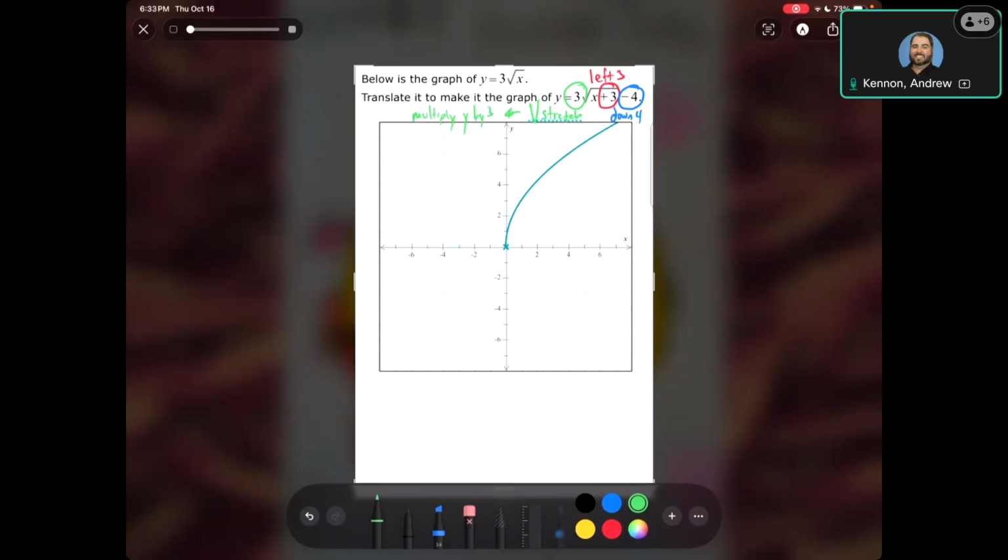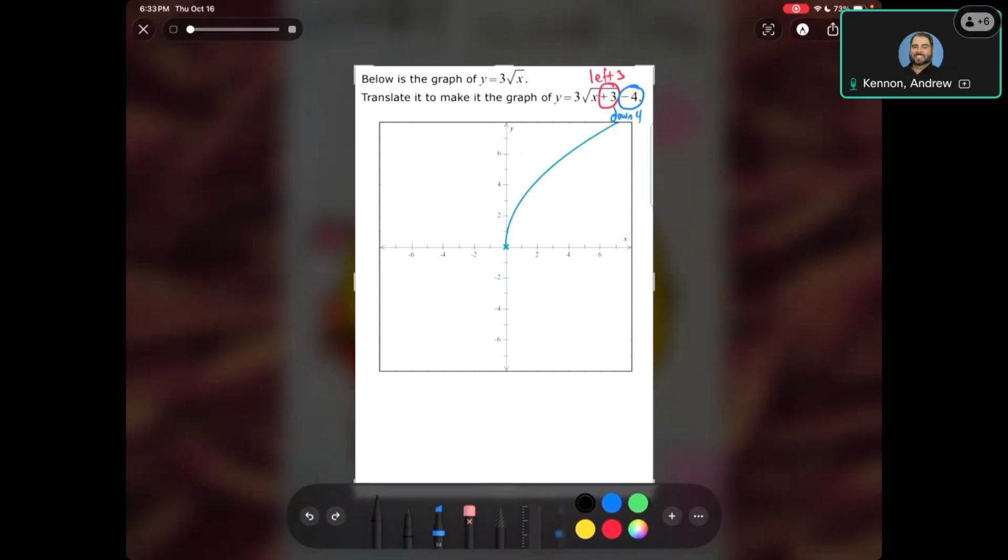Oh, no, no, no. I don't have to do all that. I was thinking that was harder than it was supposed to be. Sorry, back up because I was looking up here. Look, it already starts out with 3 times the radical of x. So they already have that factored in. The only thing I have to do is the +3 and the -4. My bad. So this graph is already 3 times the square root of x. I just have to do the left 3 and down 4.